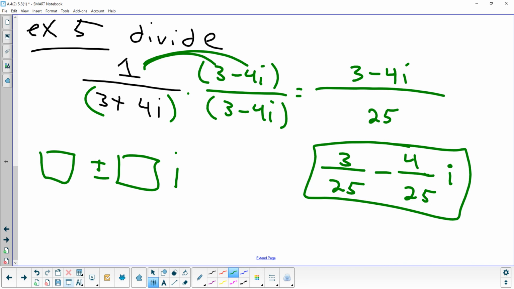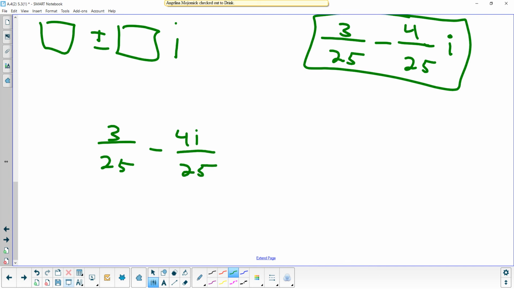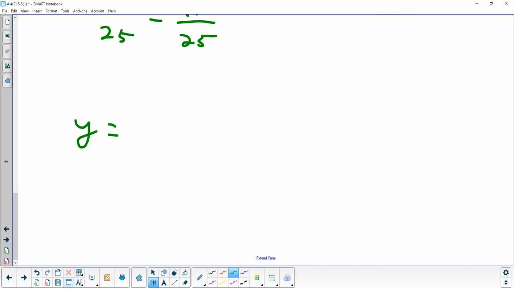If you left the i with the 4, would that just be incorrect, or? No, you could do something like this. Most people don't write it that way, but that is not incorrect. The reason they put the i next to it is kind of the same reason, like if you're doing an equation in slope-intercept form, let's say you had y equals 1/2 x plus 3.